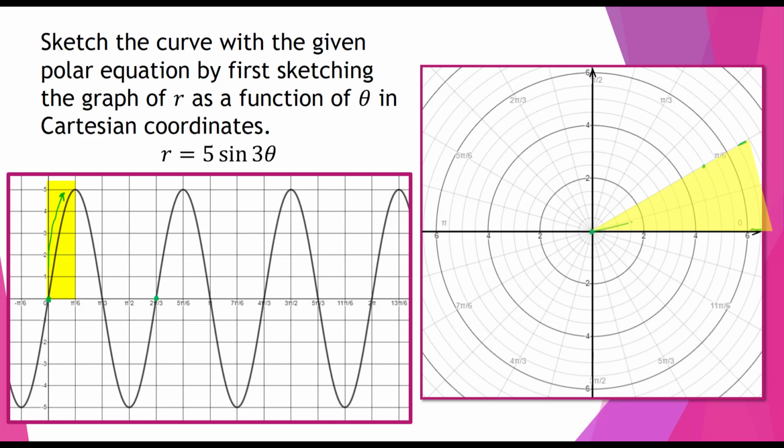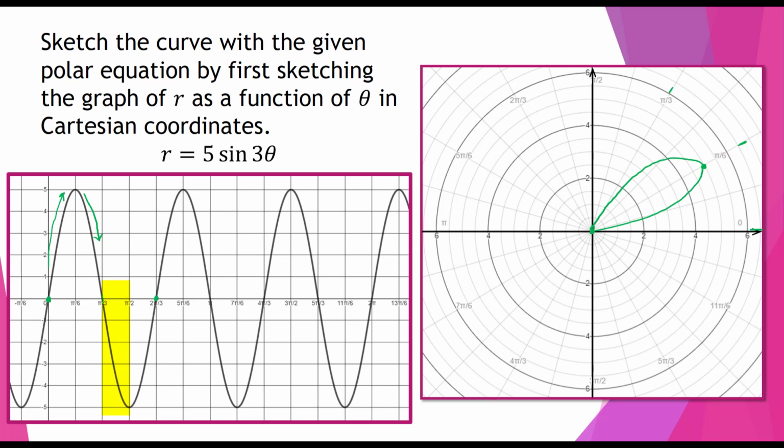So we have a curve that looks something like this. From angle pi over 6 to angle pi over 3, our radius decreases from 5 back to 0.